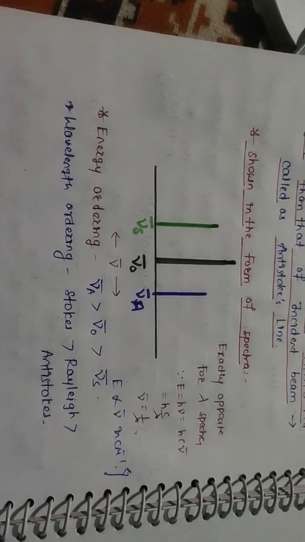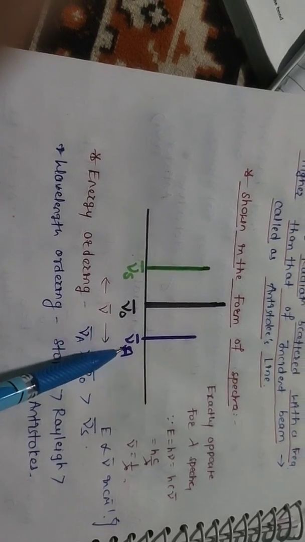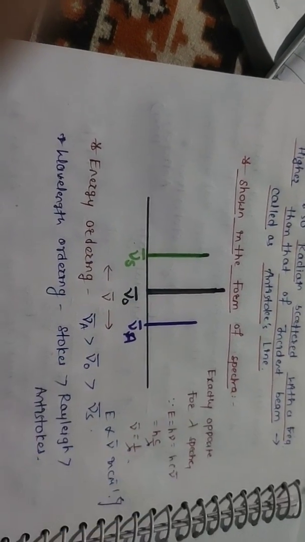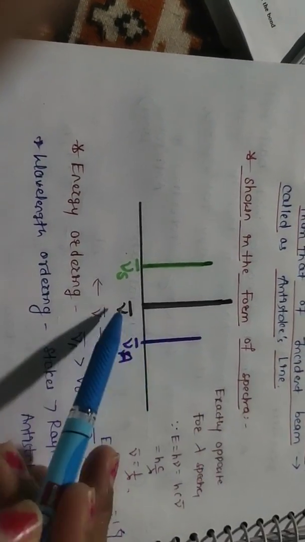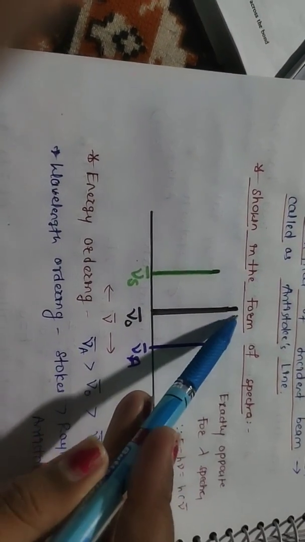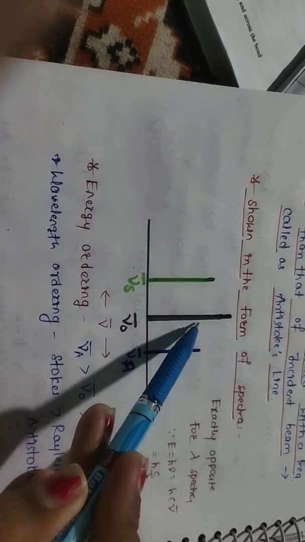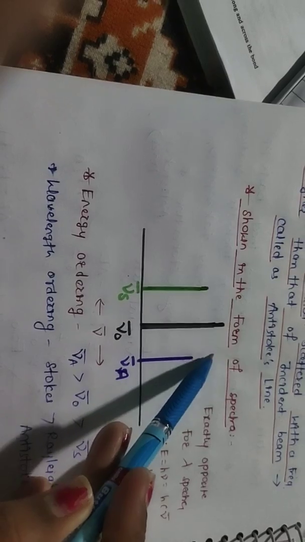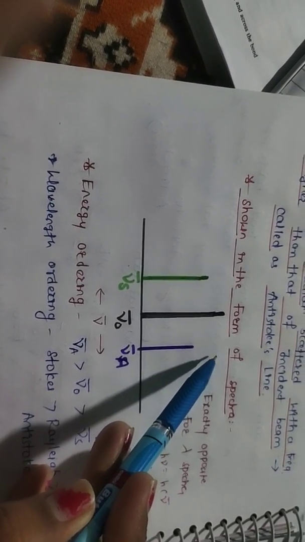So you will clearly see that. Here I mentioned nu naught bar, nu A bar, and nu S bar. Just concentrate here more. This black line, the highest intensity line, is for Rayleigh scattering. So here h nu is equal to h nu naught prime.